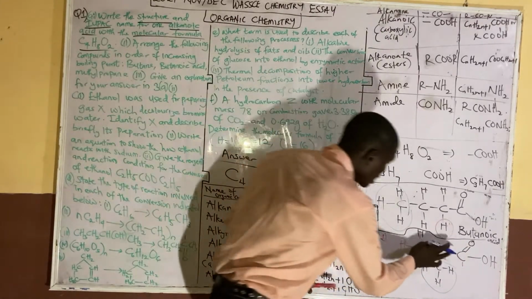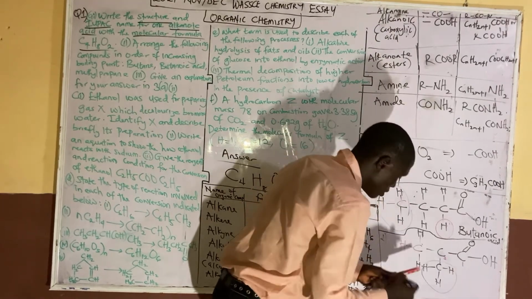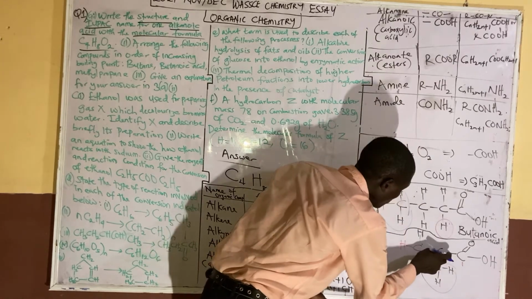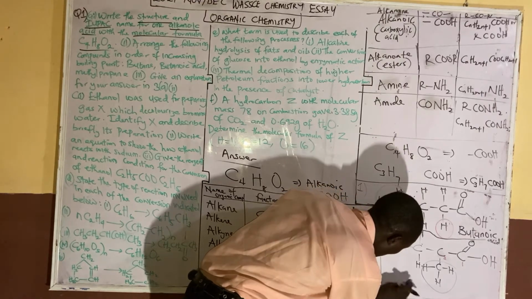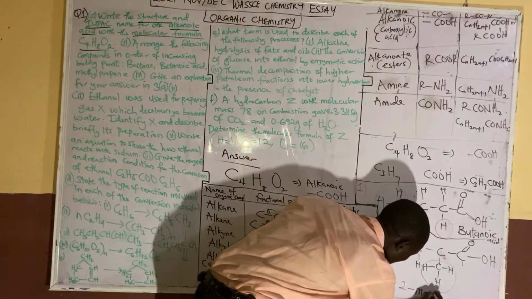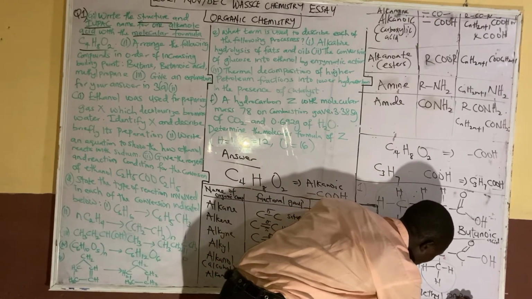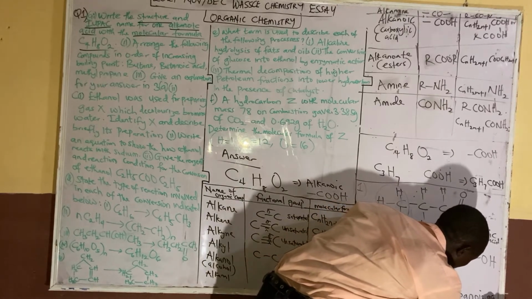So I start from the functional group, 1, 2. This is my methyl on carbon 2. So this one will be 2-methylpropan. Don't forget that it's propanoic acid.